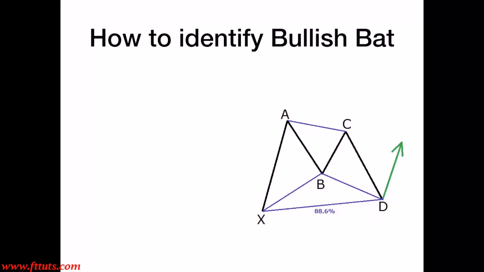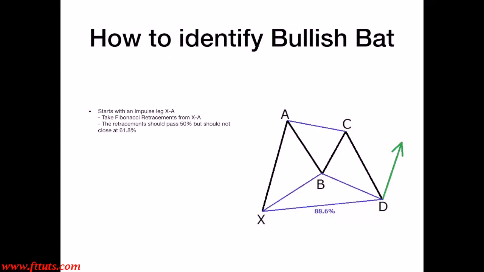Looking at how to identify bullish bad patterns. Firstly, you start by taking the impulse leg X to A, and then take the Fibonacci retracement from X to A. The retracement should pass 50% but not close at 61.8%, which is simple. I don't want you to be confusing this, because if you just take a look at the picture on the right side, there's an impulsive leg, obviously it's a bullish market, from X to A, all the way to the upside.